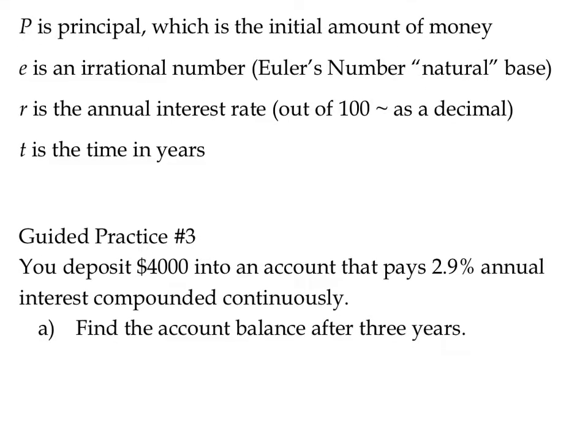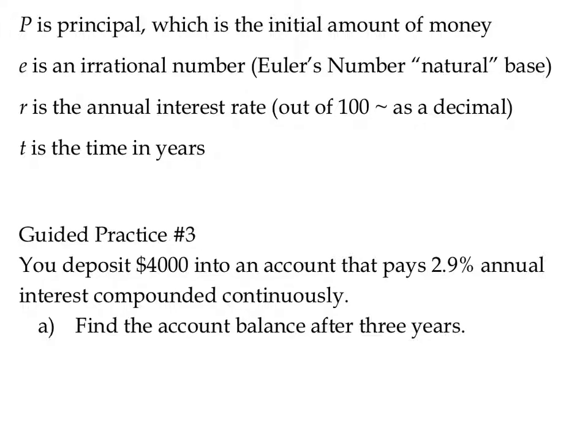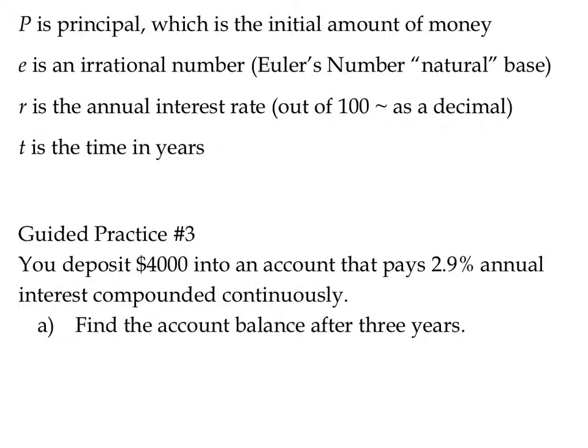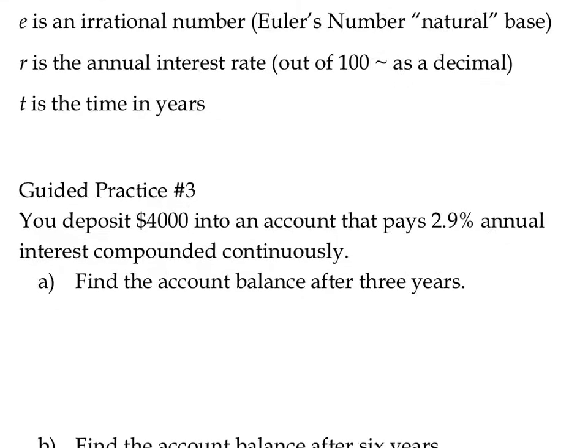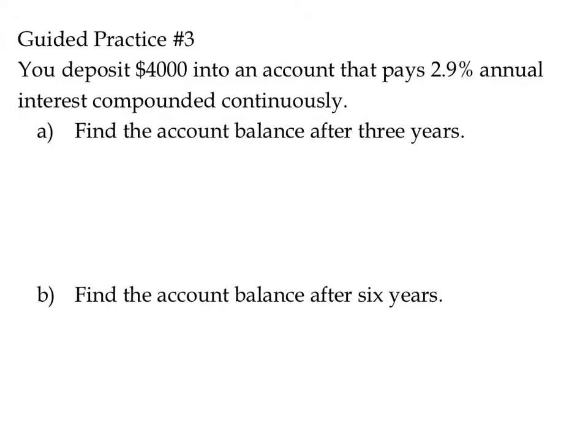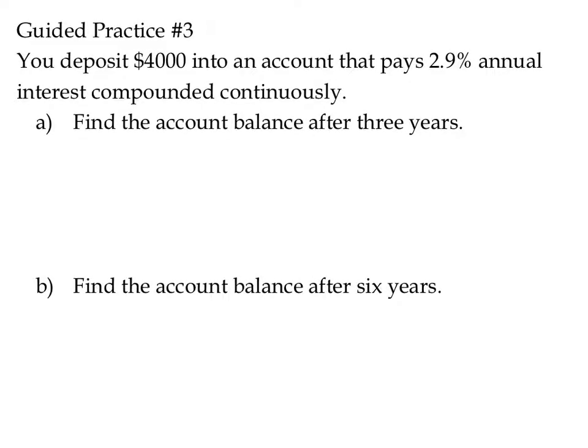So as we go through to do these problems, we're going to want to use that formula, P times E to the RT, okay? And we're going to calculate here for a deposit of $4,000. So that's our principal, our starting amount. It's going to pay 2.9% annual interest compounded continuously, okay, continuously. So that's where we're going to use that P E to the RT formula.